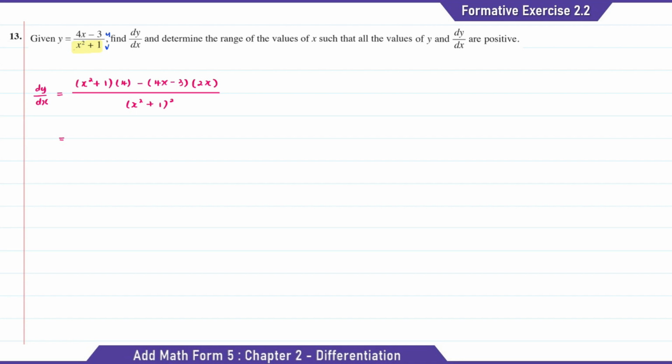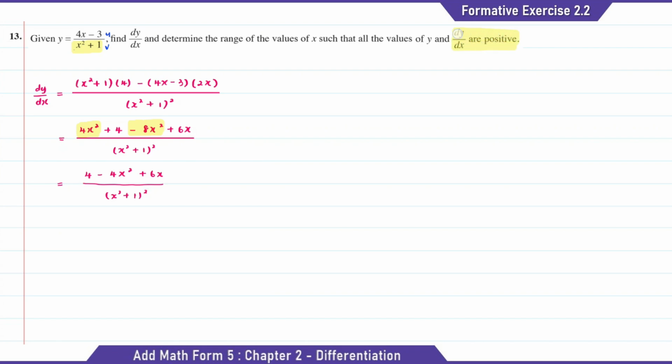For the numerator part, expand it, 4x squared plus 4 minus 8x squared plus 6x. Solve the numerator, then we're going to get 4 minus 4x squared plus 6x over x squared plus 1, squared.